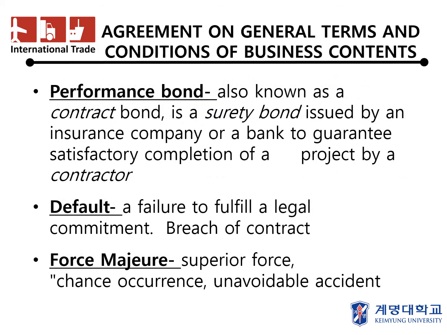Okay. Performance bond, also known as contract bond, is like a surety bond issued by an insurance company or a bank to guarantee satisfactory completion of a project by a contractor. Okay, so this is in different forms. When I was working in a pharmaceutical company, when we supplied medicines to a government institution, hospital, our company showed a surety bond.